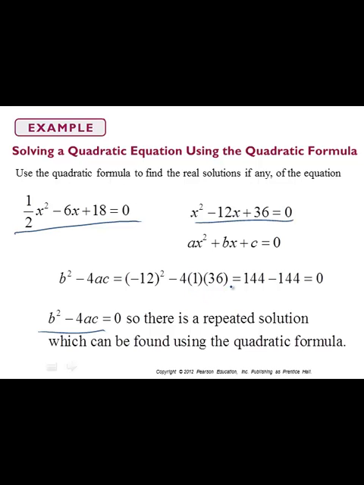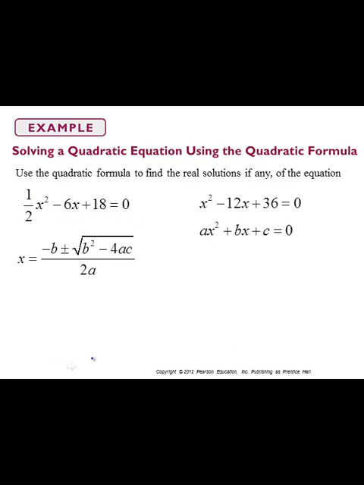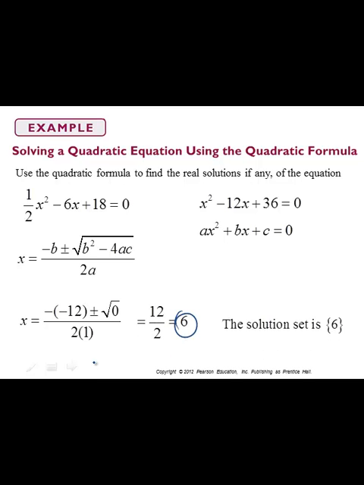Well, 4 times 36 is 144 as well. 144 minus 144 is 0. The discriminant is 0, so that means that there's only going to be one unique solution, and that's going to be negative b over 2a. In other words, 12 over 2, which is 6. So 6 is the one unique solution, and your solution set just consists of the one number 6.